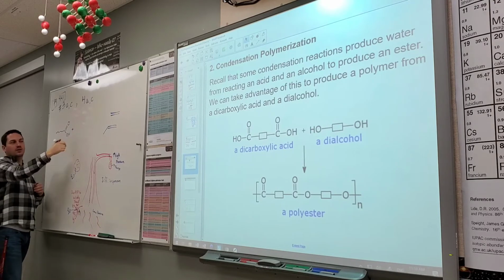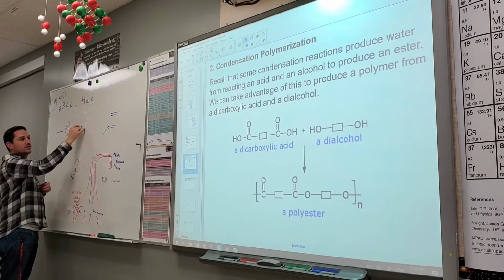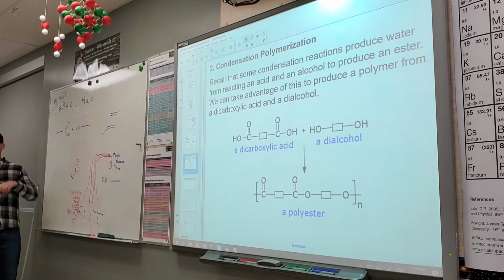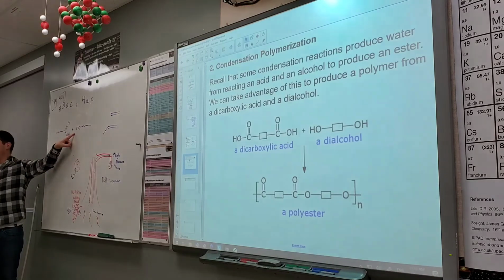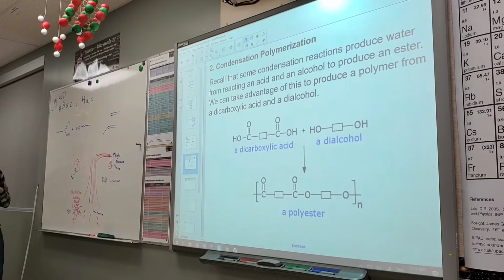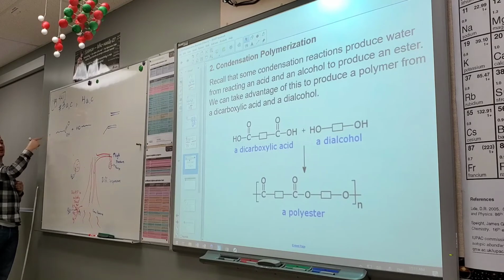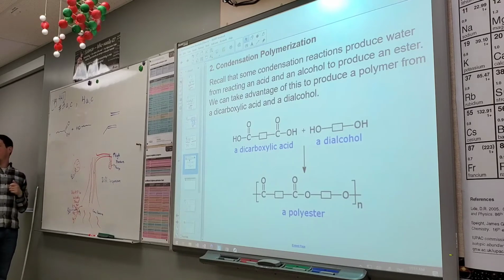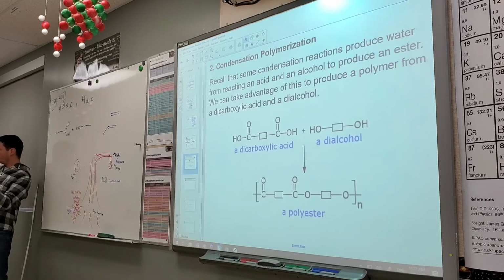Acids react with alcohols, right? But that will make one connection. What do we have to have on the other side of this molecule? If we want to react this thing with something else on both sides, an open bond. No, we don't need an open bond. You can't have an open bond.